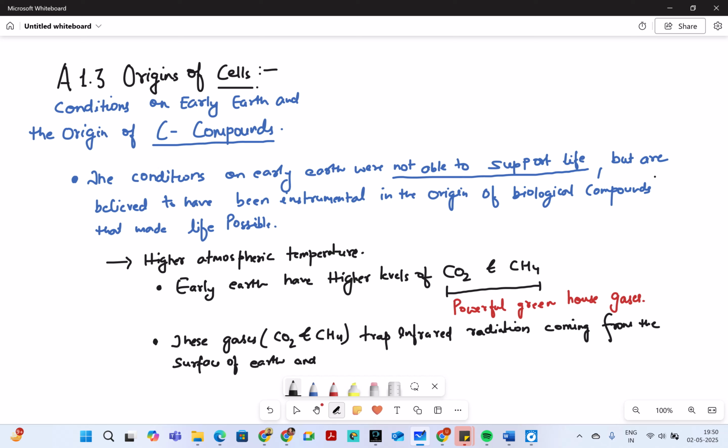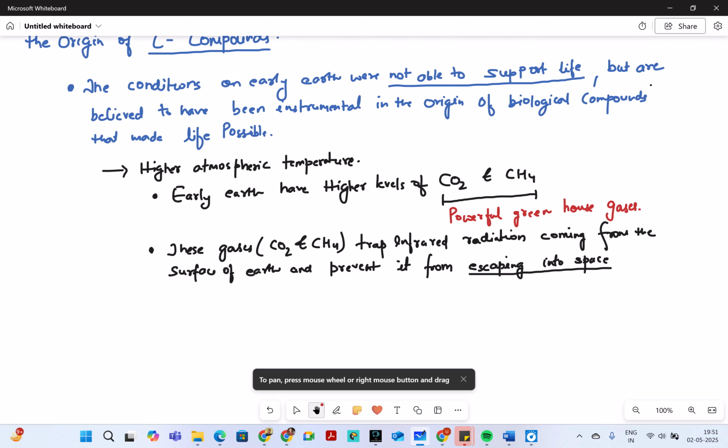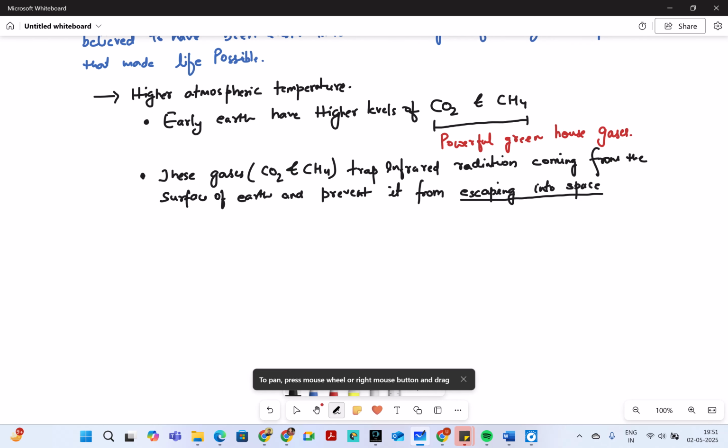And these gases do not allow them to go out; they prevent them from escaping, so they are not going into space. This is the vital process going on.